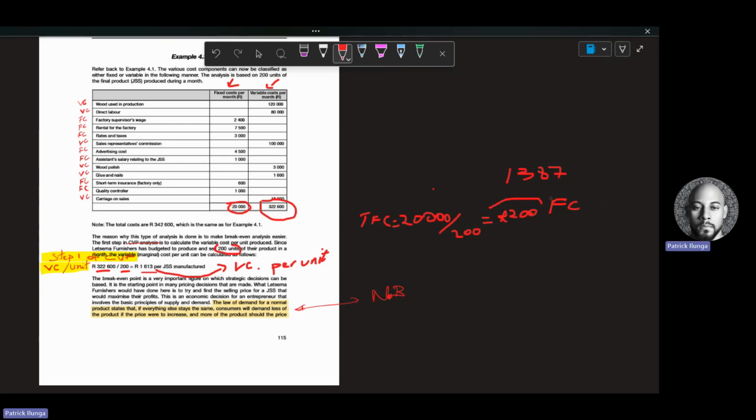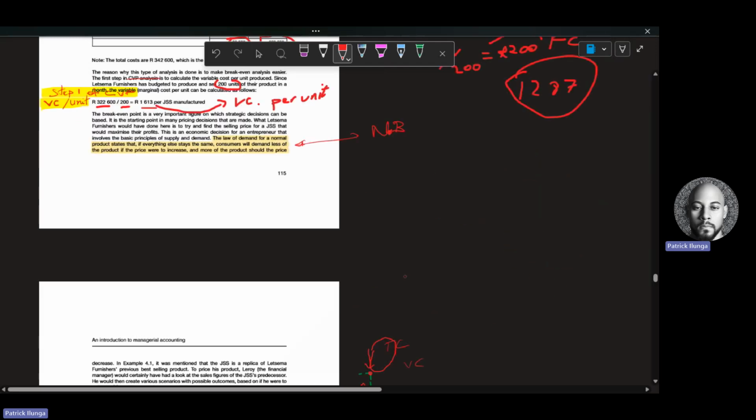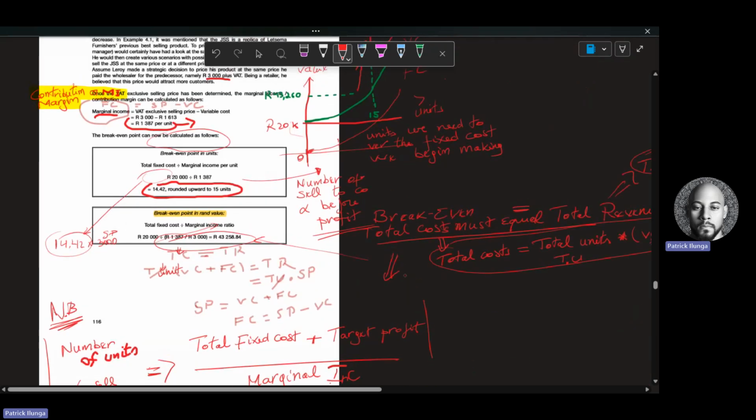So if it's covered, we know that the rest is profit. It's part of our gross profit, right? So if you deduct the 200 rand, you will be left with 1,287. So we know that this is good. We are looking at profit here. Looking at profit per unit, gross profit per unit.